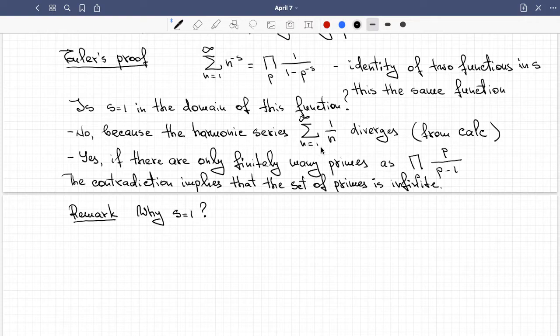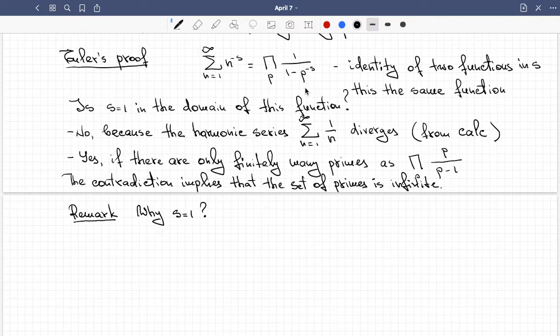s equals 1, if you remember from calculus, is on the boundary. You have to work a little bit to show that this series diverges, while there are no problems with the product unless s equals 0. A finite product will always be a finite product of finitely many quantities that well exist.